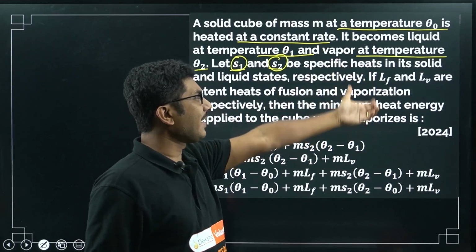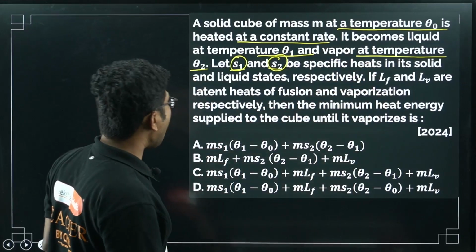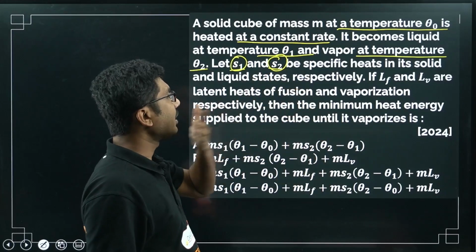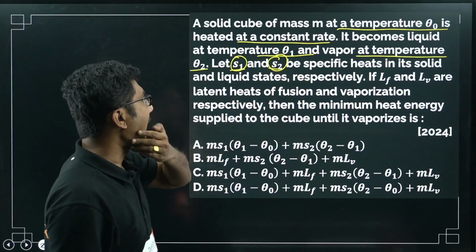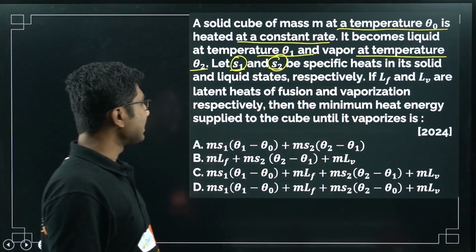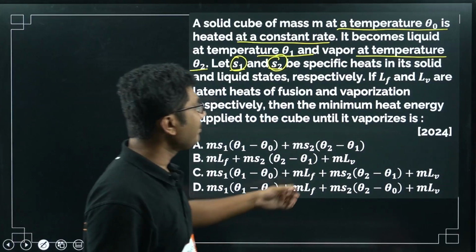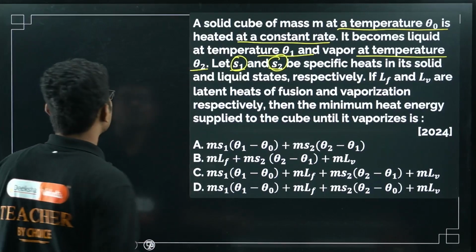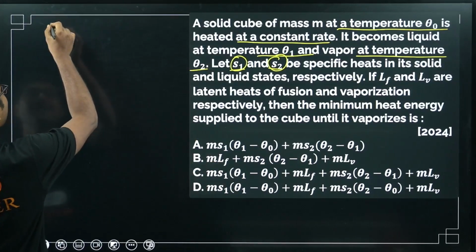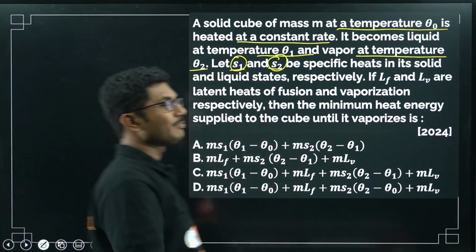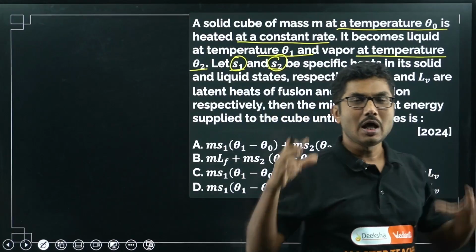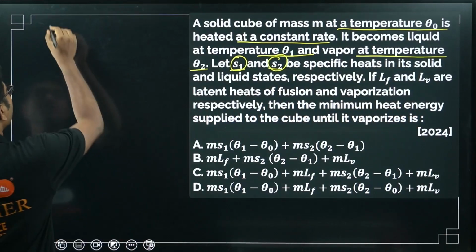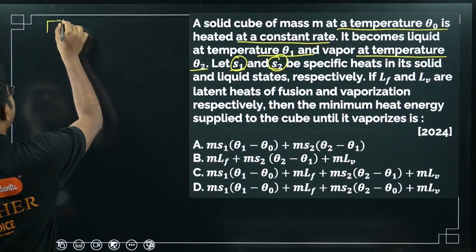If LF and LV are the latent heat of fusion, or freezing, which is the same, and vaporization respectively, then what is the minimum heat energy supplied to the cube until it vaporizes? So what are the states? First let us write it down. You have to break this problem down into individual parts. If you break it down, this is a very simple problem. So you have a solid. The first state is solid.